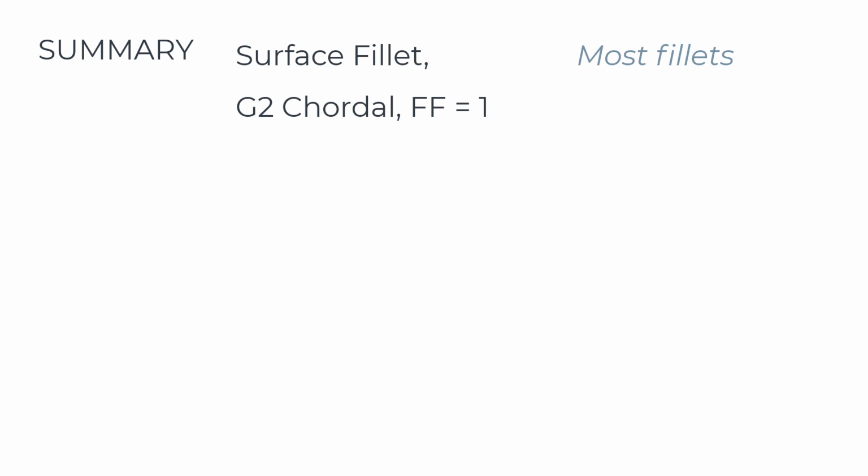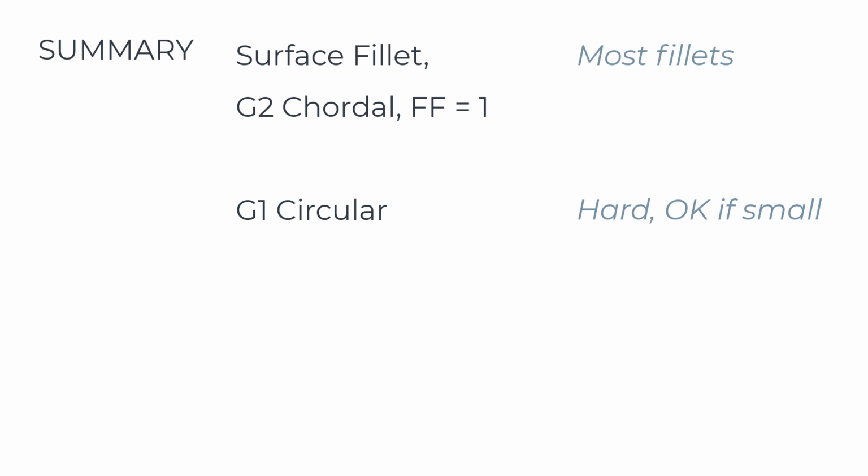To summarise, in general, we mainly want to use surface fillet with G2 conic and a consistent form factor, which for simplicity should be 1. G1 circular fillets are not used very often for A-class work because their edges look very hard and they make the blocked surfaces look hollow. So we should only use them if our company standards allow or require them.